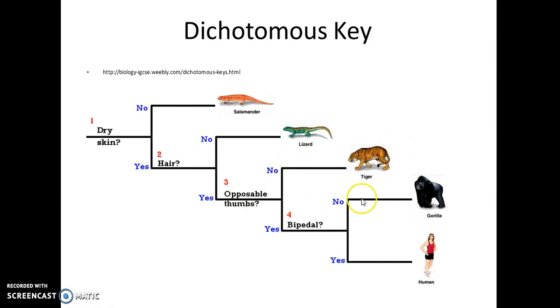Well, no, tigers do not, but these two do. Bipedal, two legs? No, they walk on fours. And the human is the individual that is bipedal. Now, each one represents a different category too. And each branch point right there represents natural selection and a common ancestor.